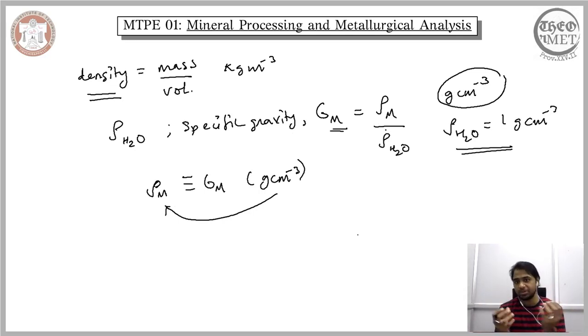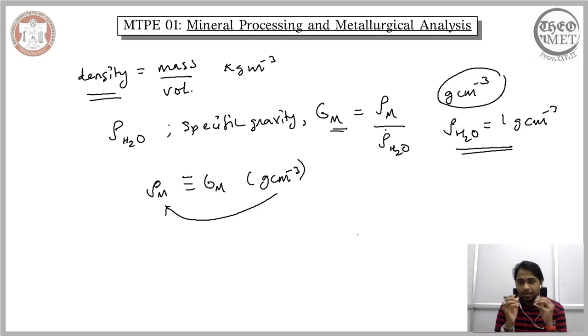It can be kg per meter cube, it can be gram per centimeter cube, but since in the calculation of specific gravity they cancel out, you end up with a condition where the magnitude of the specific gravity and the density of a mineral is equal.